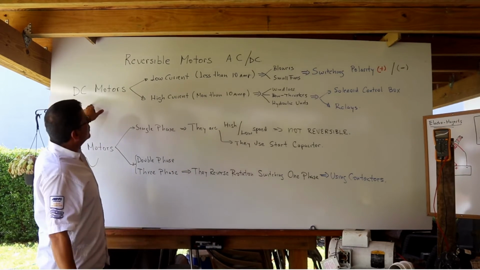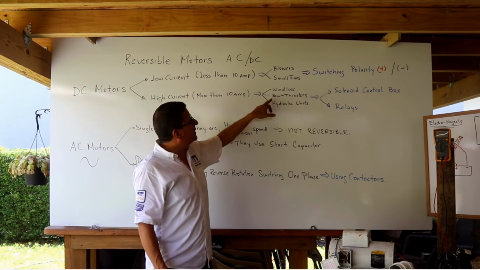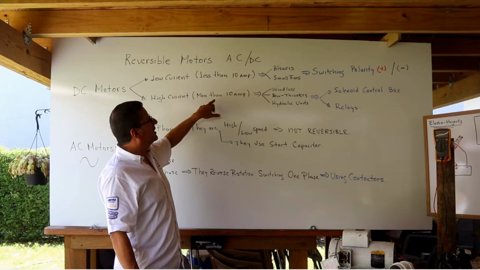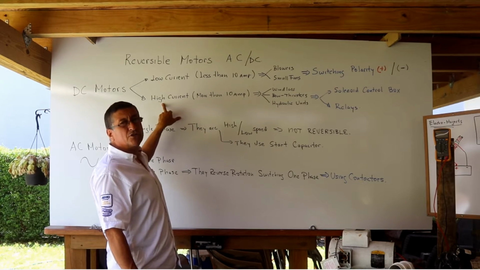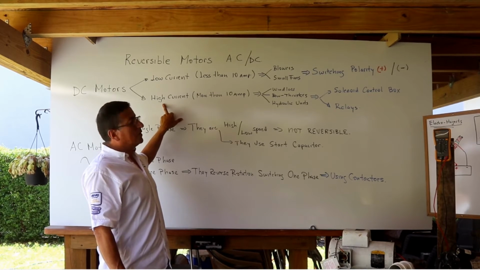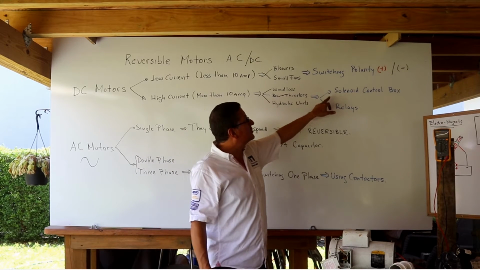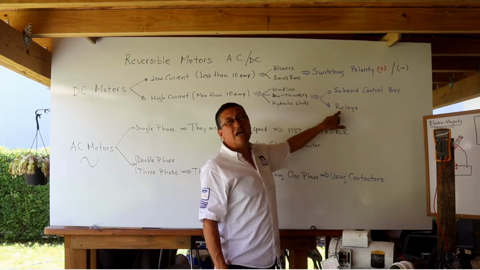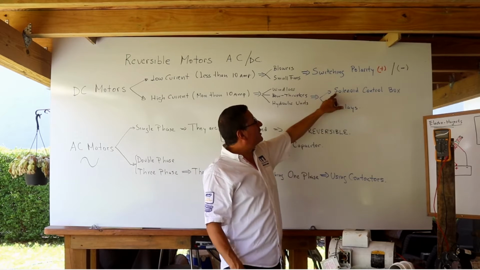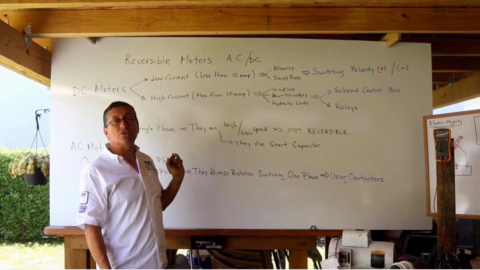If the motor is a high current motor, for example the motor of the windlass, bow thruster, hydraulic units, those motors are considered high current because they draw more than 10 amps, 20 amps, 30 amps, 60 amps, depending on the motor. For those motors, the proper way to change the rotation is with a solenoid control box or with a couple of relays. I am going to explain right now the procedure to install the solenoid control box in heavy-duty DC motors in order to reverse the rotation.